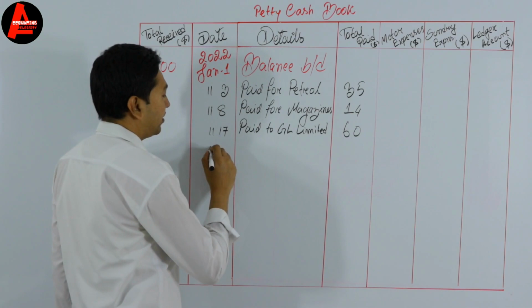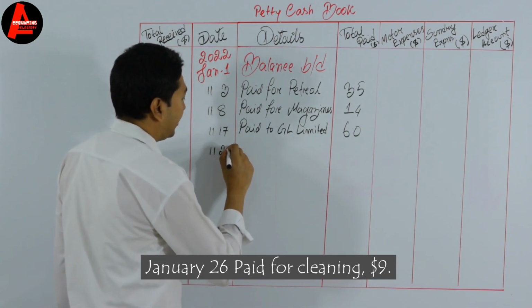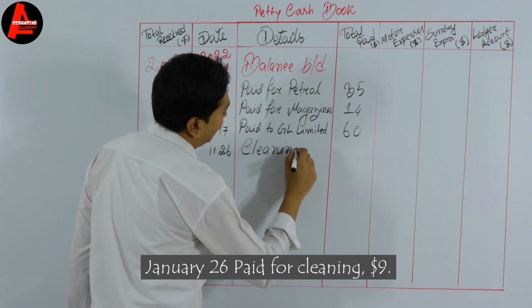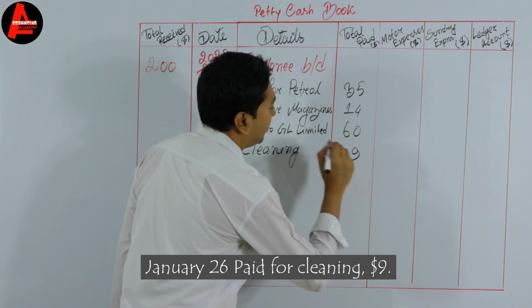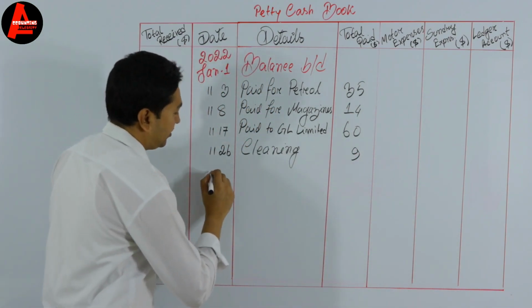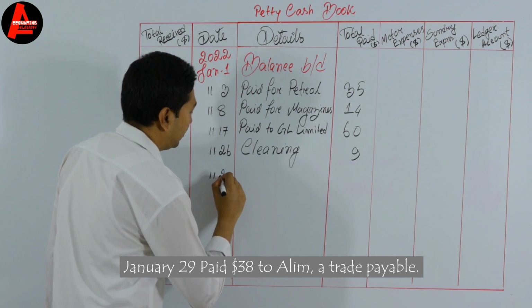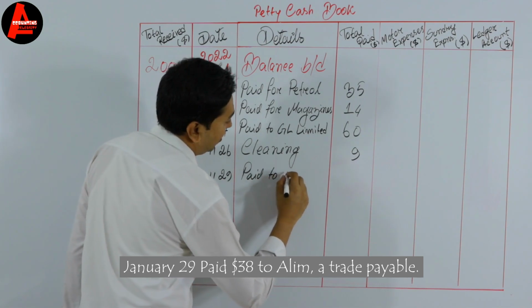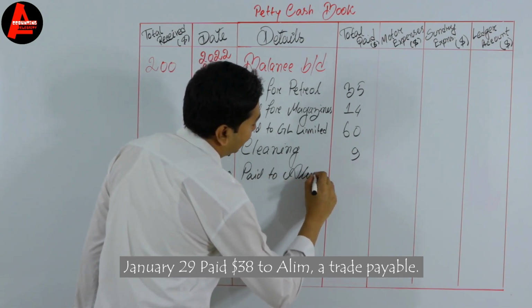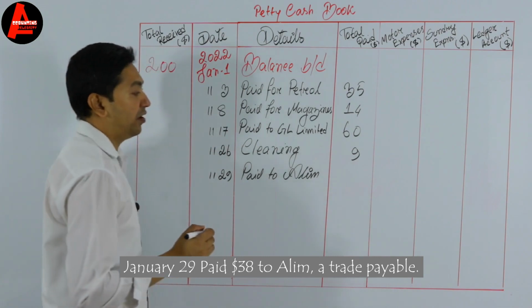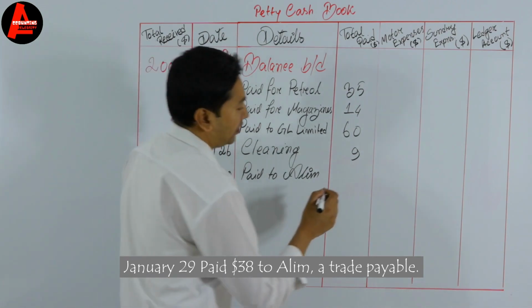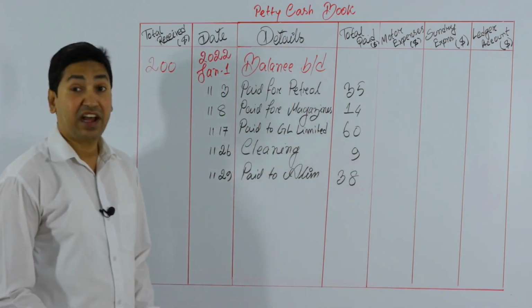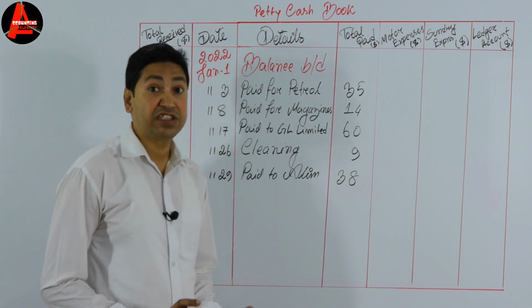Then January 26, we can write just cleaning, $9. The next transaction is January 29, paid to Alim. It is a trade payable. The amount is $38. So these are the transactions we have in the question.